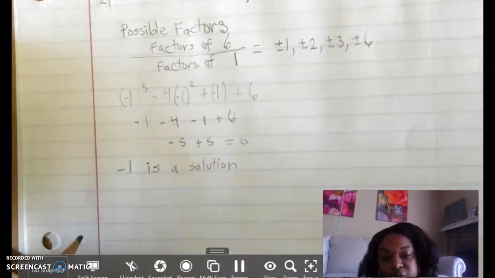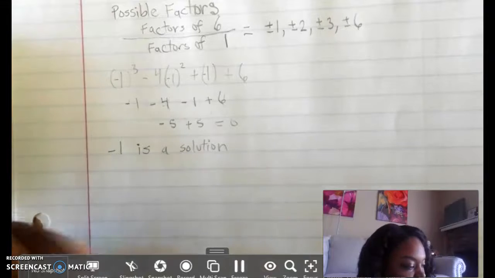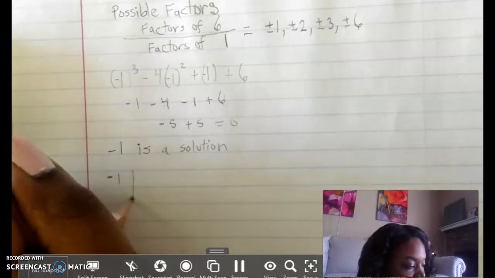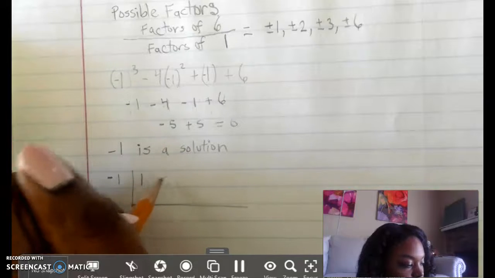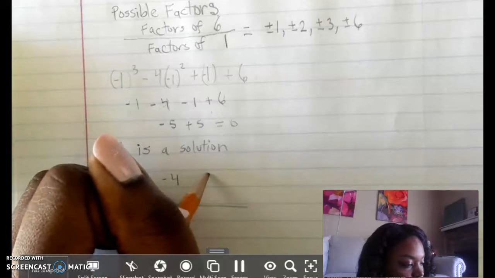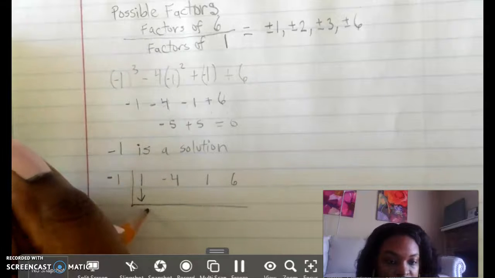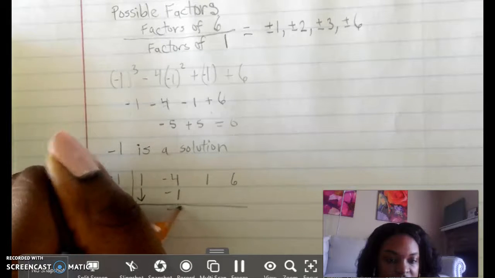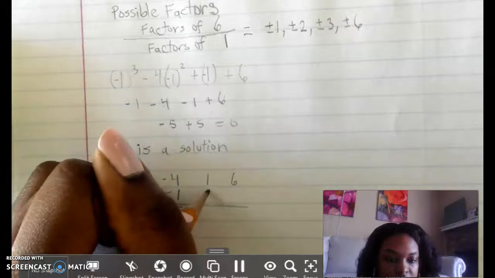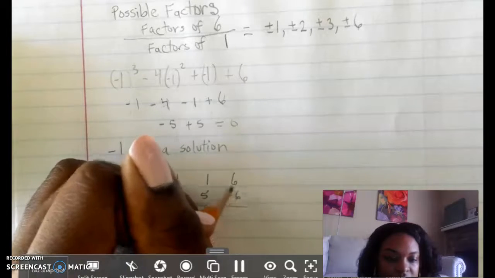So I just want to confirm that with some synthetic division. So that was the purpose of talking about that synthetic division before. So I'm going to put in the negative 1 and all my coefficients: 1, negative 4, 1, 6. So remember, I bring down the 1, multiply, add, multiply, add, multiply, add.